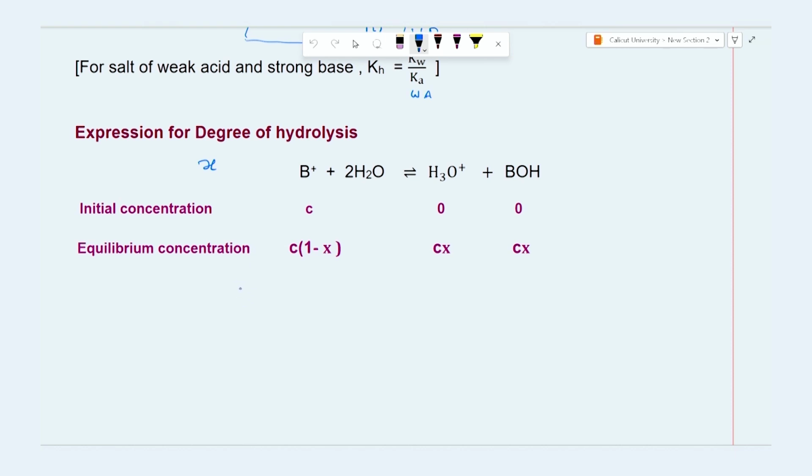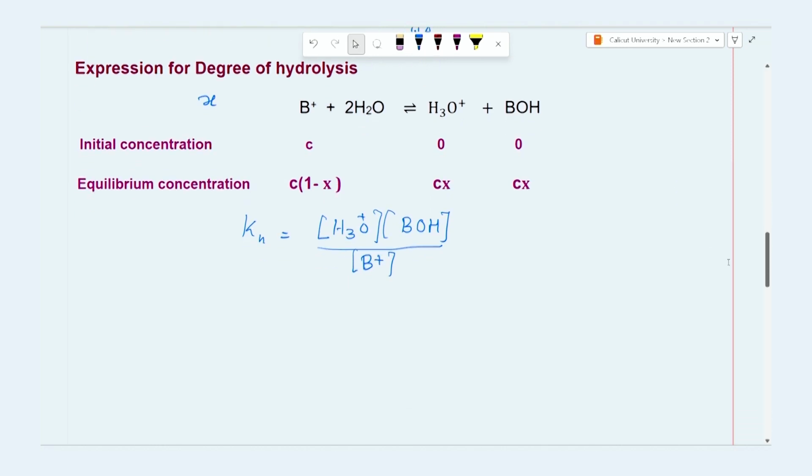Now, the hydrolysis constant KH is equal to the concentration of H3O plus into the concentration of BOH, whole divided by the concentration of B plus. Now, I am going to substitute. Here H3O plus is Cx, BOH is again Cx, whole divided by the concentration of B plus, which is C into 1 minus x.